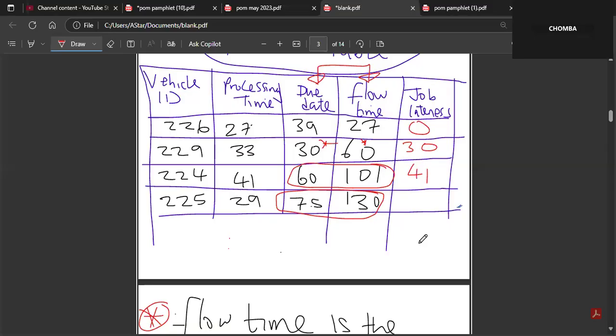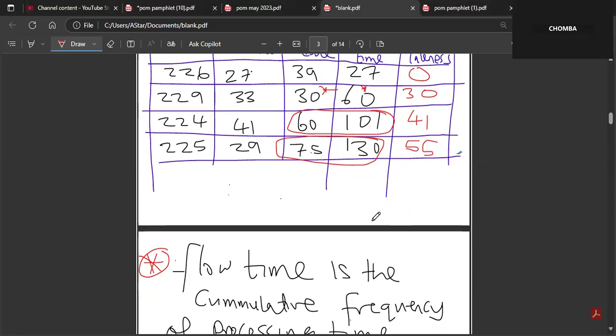75, 55, 55? You left by how much? 55. 130 minus what? 75 by 55. 55. So now, calculate for me from here.